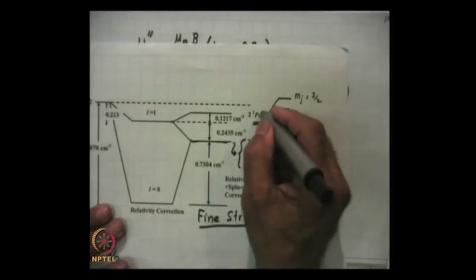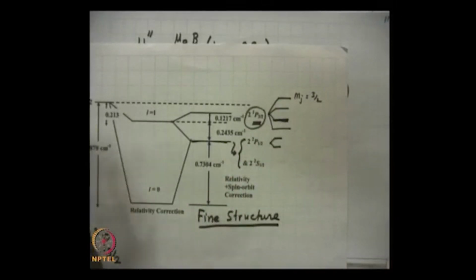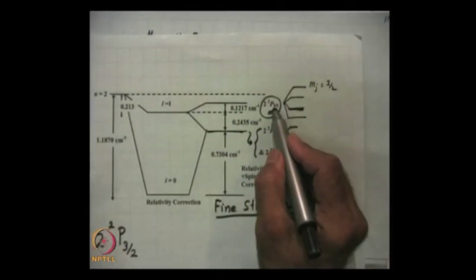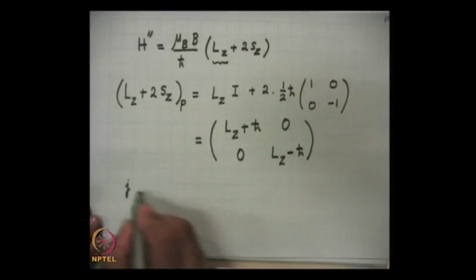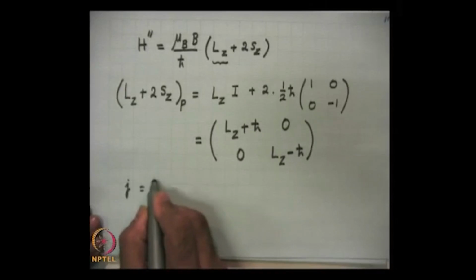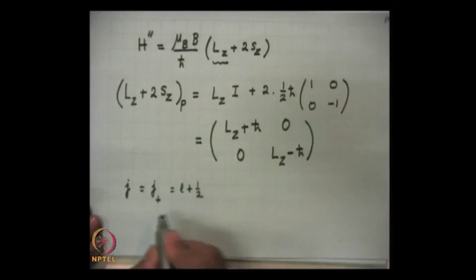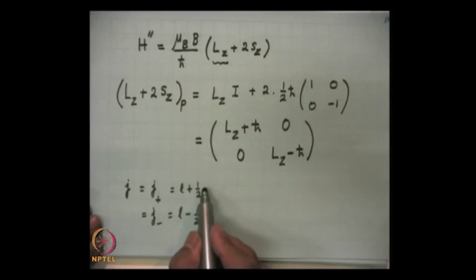Now, for this state, we must consider the phi functions, and so let me consider, for example, j equal to L plus half. As I had told you, j can take two values: j plus is equal to L plus half, and j minus is equal to L minus half. Of course, when L is not equal to 0, when L is equal to 1, it can take 1 plus half, which is 3 by 2, and 1 minus half, which is half.